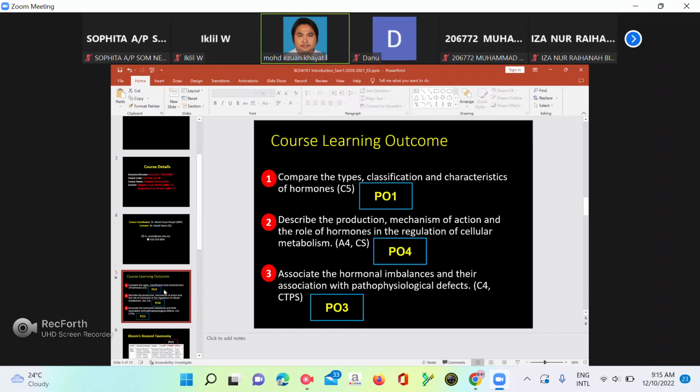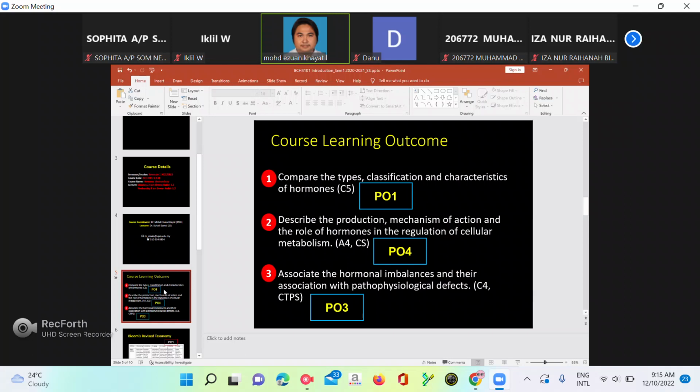The first one: at the end of the class, we want you to have the ability to compare the types, classification and characteristics of hormones. That is PO1, the program outcome. If you see from the slides, you can see C5.